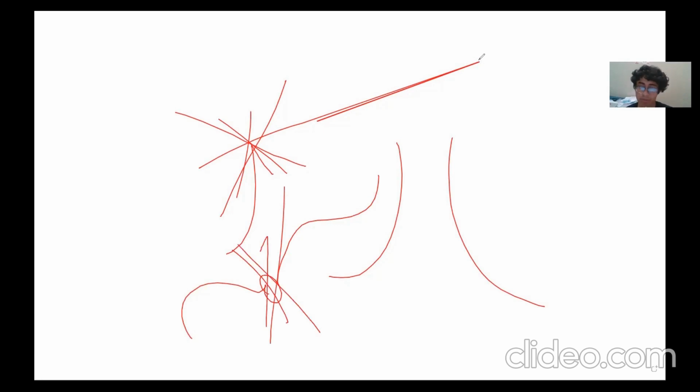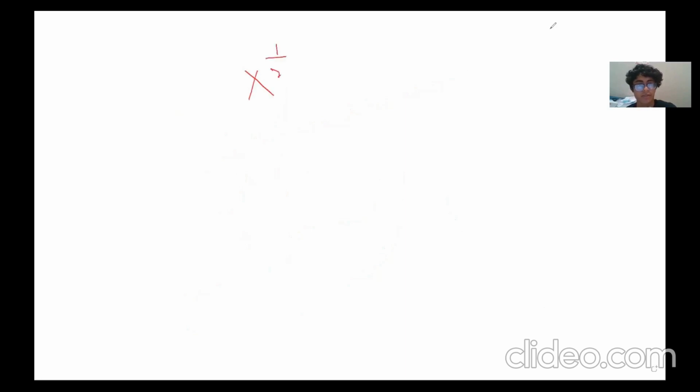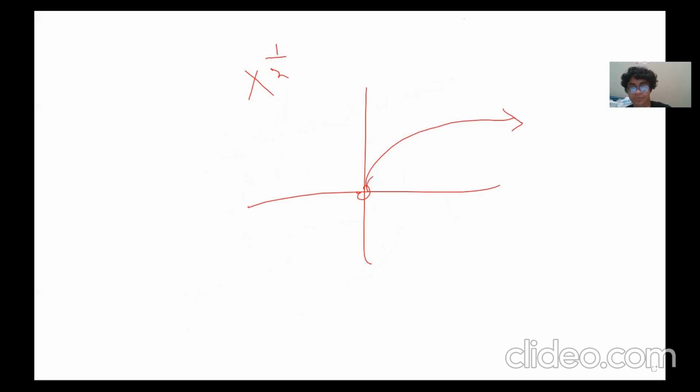So discontinuities, and there are also vertical tangents. Vertical tangents look something like this. An awesome example is x to the 1/2 power. There's always a discussion of whether the limit even exists, because it's an endpoint, and that's a whole debate in math, I believe. The limit is x approaches 0 from the right, or just 0 in general, because you can't approach from the left, and that's the debate.